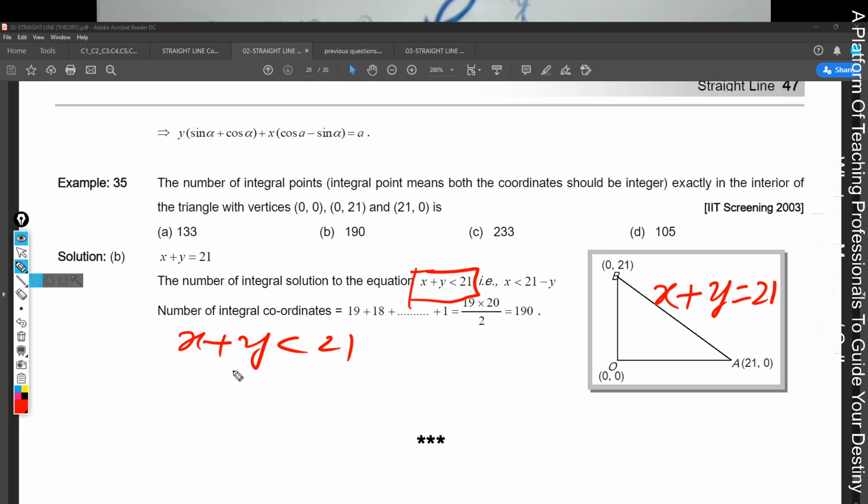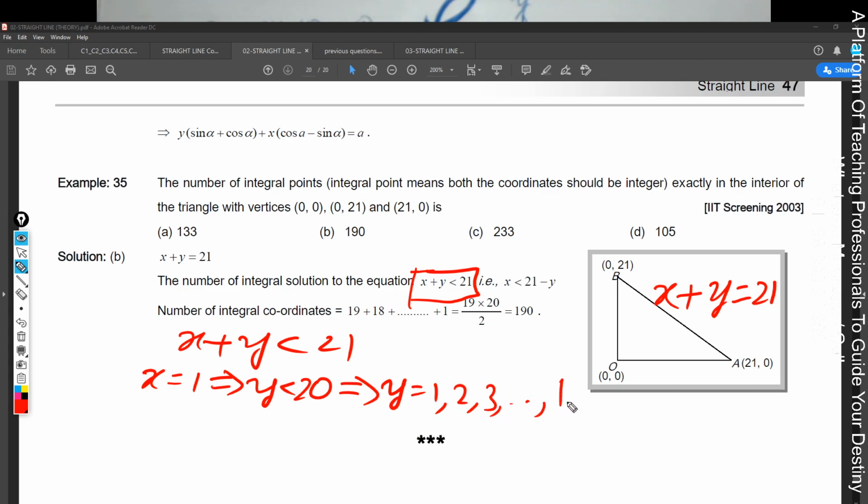Now, if I write x is equal to 1, let me say, this implies your y must be less than 20. Y must be less than 20 means y must take the values 1, 2, 3, and so on up to 19. That's what I have shown in the diagram. If x is equal to 2, your y must be less than 19.